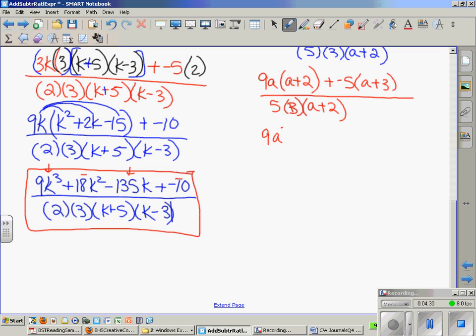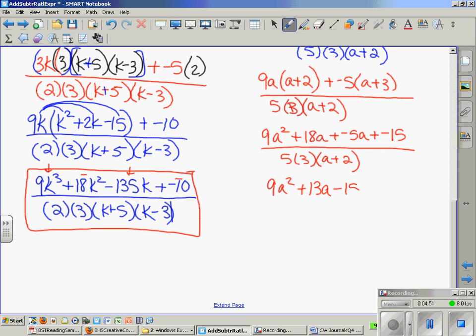Distributive property in the numerator, 9a squared plus 18a plus negative 5a plus negative 15 all over 5 times 3 times a plus 2. Combine like terms, 9a squared plus 13a minus 15 all over 5 times 3 times a plus 2.